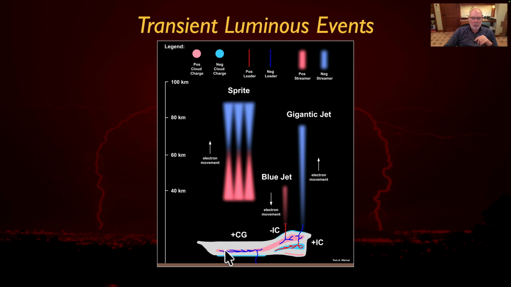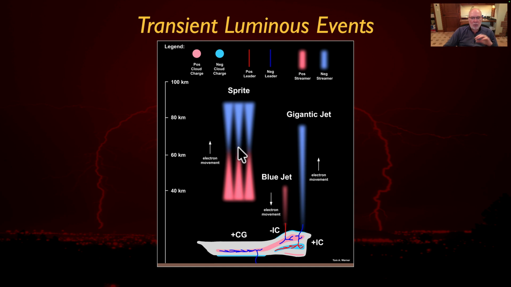These negative leaders create a field change. Again, the upper ionosphere is positively charged, so you're enhancing the electric field between the thunderstorm and the ionosphere to the point that you get ionization breakdown in the form of streamers in the upper atmosphere around the 60-kilometer range.